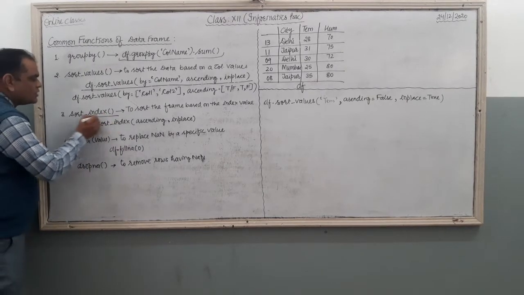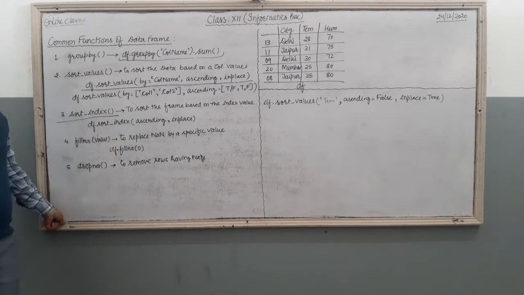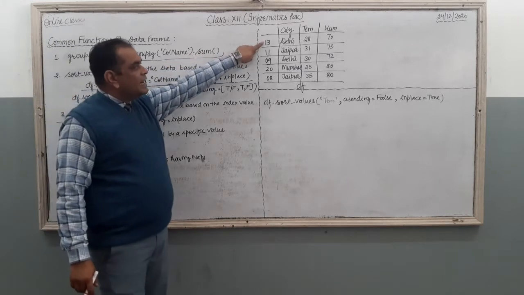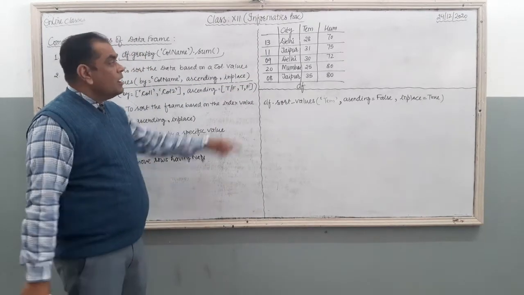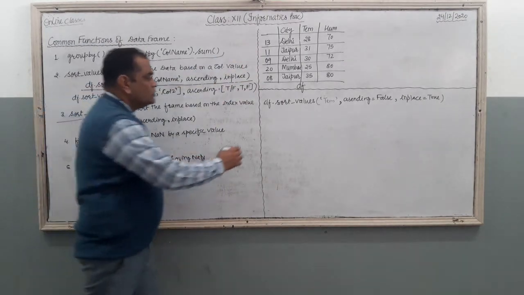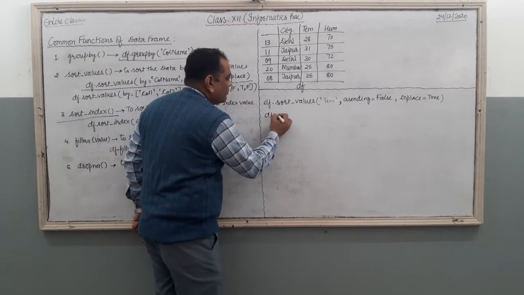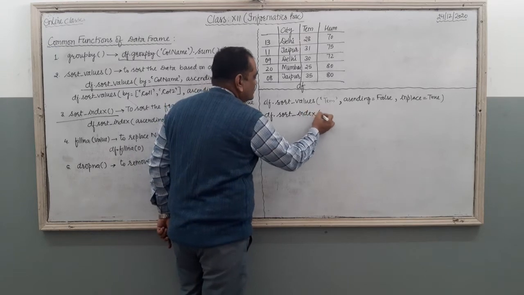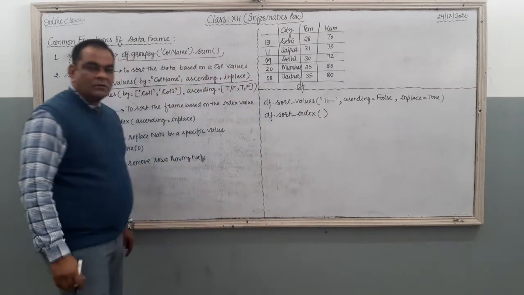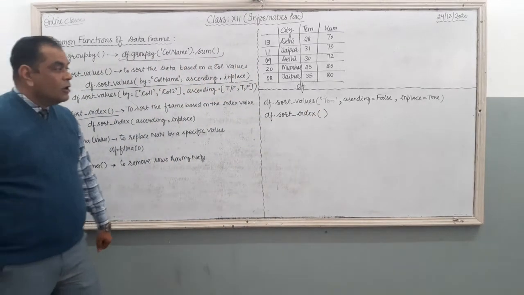Now the third function is sort index. What is there in sort index? Just see what the index values of this data frame are. If you want to sort the data frame by using the index values, you just use this command: df.sort_index(). What will happen now?